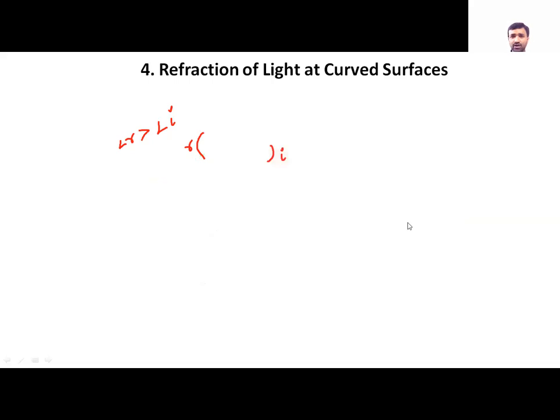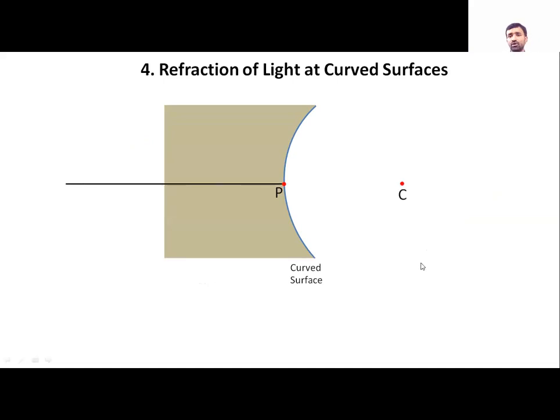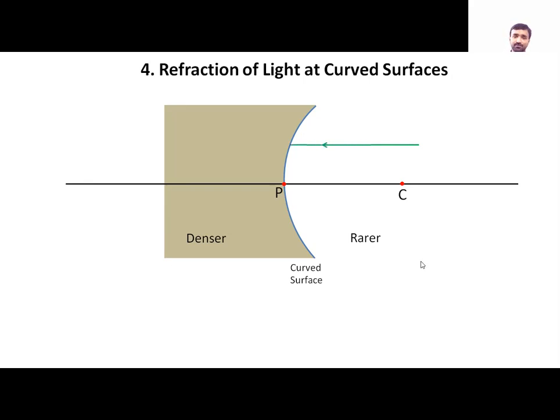Right? So we'll go for another case, which is simply opposite to the previous. So I changed the medium again, towards a convex surface. Identify its pole, then identify its center of curvature, then join them with a line called the principal axis. Now the light ray is traveling from rarer to denser medium, parallel to the principal axis.